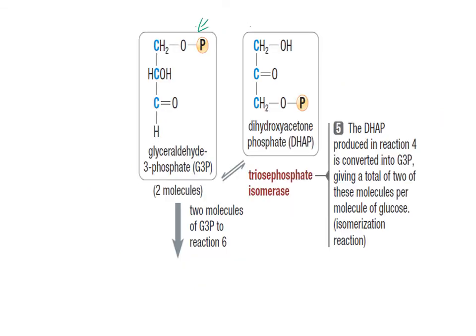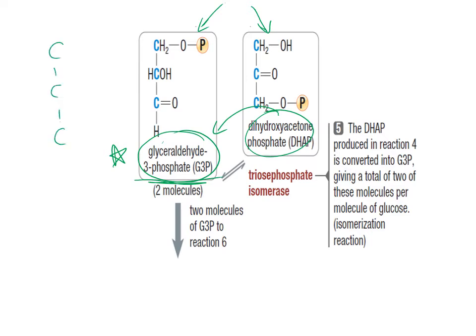The two products that we get from our fructose 1,6 bisphosphate are glyceraldehyde 3-phosphate, that's the important one. And then we get this other one, dihydroxyacetone phosphate, which then gets converted into another G3P, glyceraldehyde 3-phosphate. So essentially we have two of these glyceraldehyde 3-phosphates, which have 3 carbons.